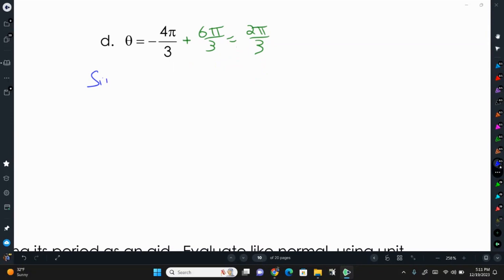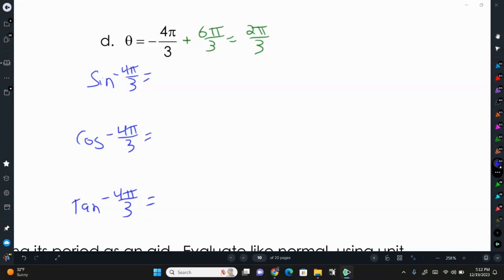So then we have the sine of negative 4 pi over 3, the cosine of negative 4 pi over 3, and the tangent of negative 4 pi over 3. Well, 2 pi over 3 is in quadrant 2, where cosine is negative. So when we get there, we'll just make our cosine negative.